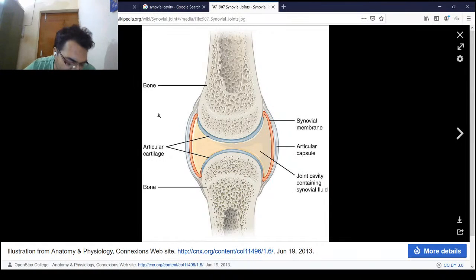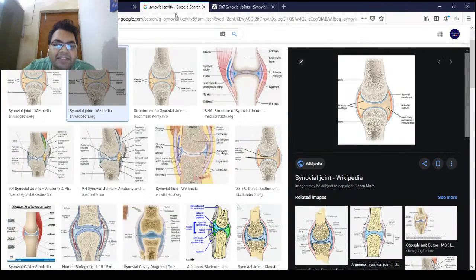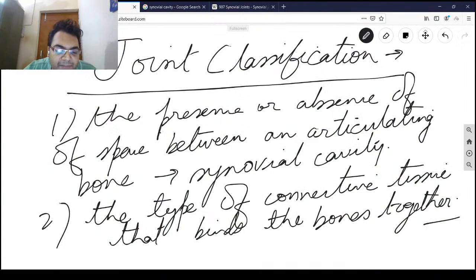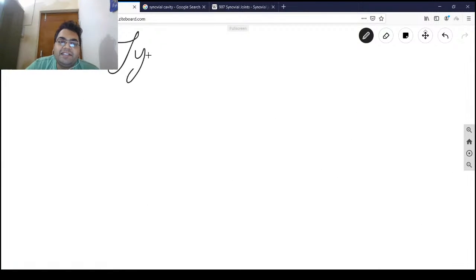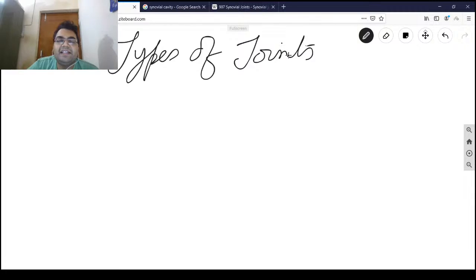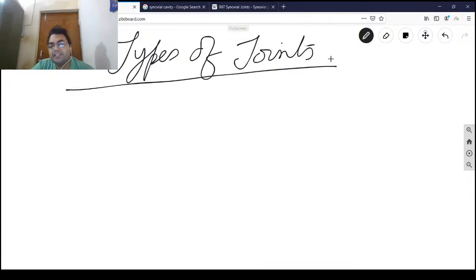So based on that classification, three types of joints are present in our body. If you come to types of joints, you might have read of the saddle joint and all, those come under the synovial joint, but typically we have three types of joints.